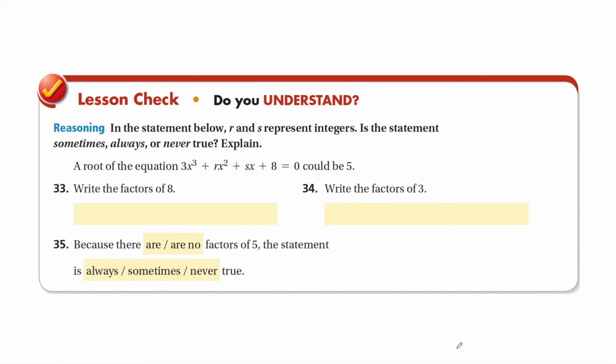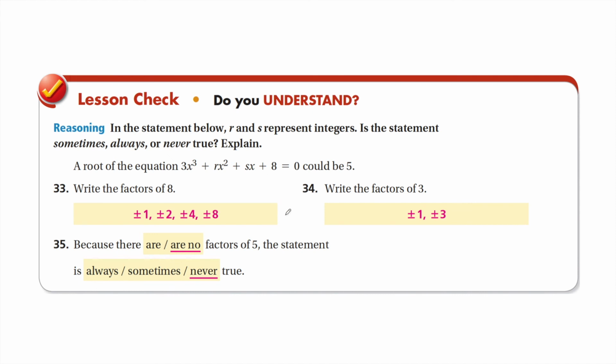Well, let's write the factors of 8. In order for us to write the factors of 8, we have to make sure we get all of them. So it's going to be plus or minus 1, plus or minus 2, plus or minus 4, and plus or minus 8. The next one is we have to write the factors of 3, which is plus or minus 1 and plus or minus 3. Because there are no factors of 5, the statement is never going to be true.